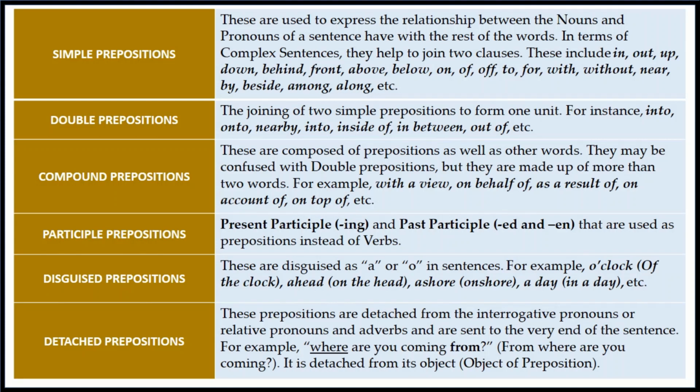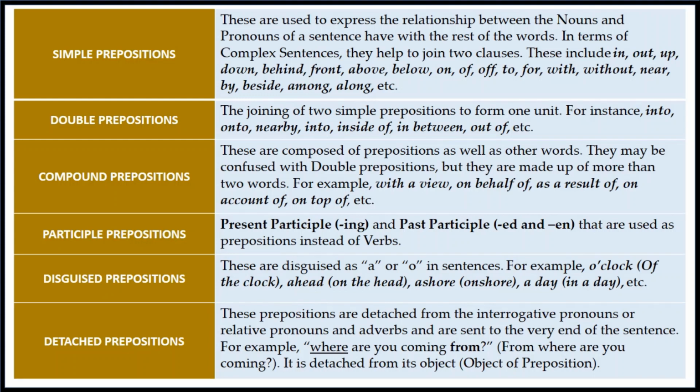First is simple prepositions. These are those words that express the relationship between nouns and pronouns of a sentence with the rest of the words. So in terms of complex sentences, they help to join two clauses. Sentences are of many types: we have simple sentences, compound sentences, complex sentences.